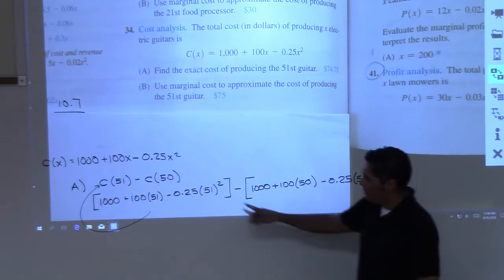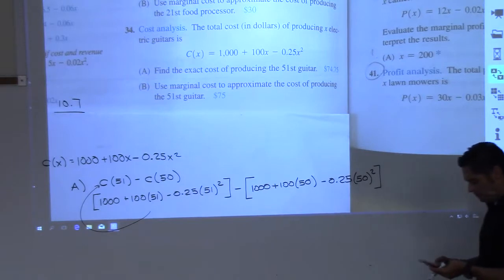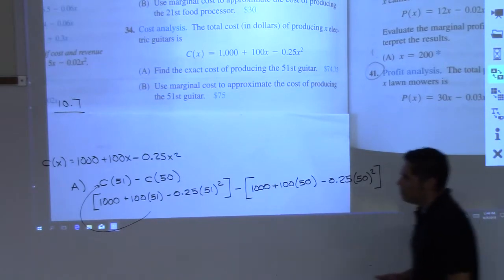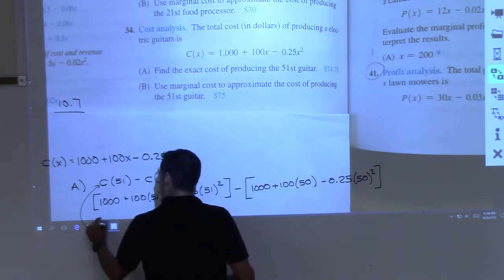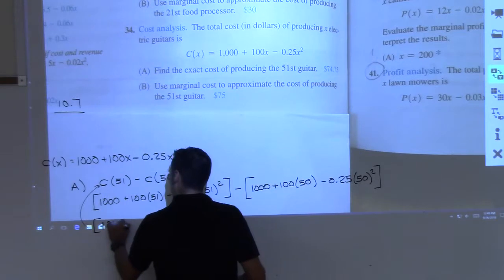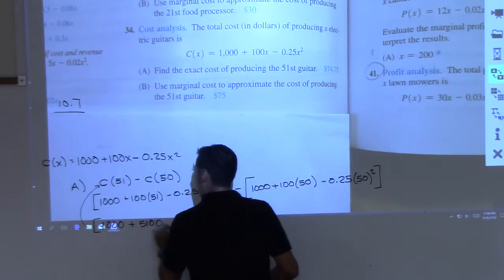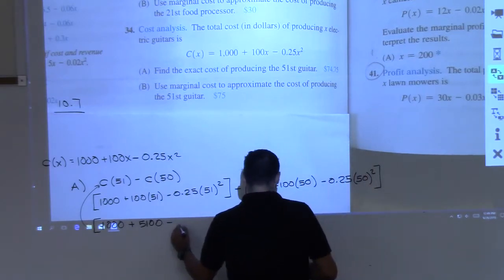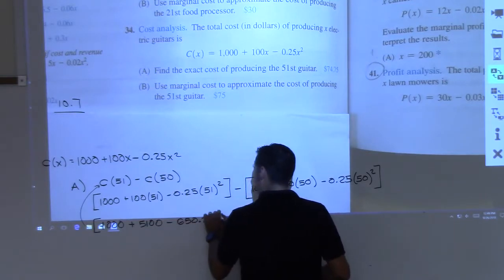So you have to square 51, multiply times 0.25. So this next line becomes 1,000, and then I'm getting plus 5,100, and then minus, and on my calculator I'm getting 650.25.